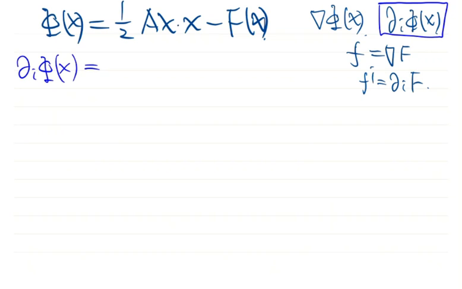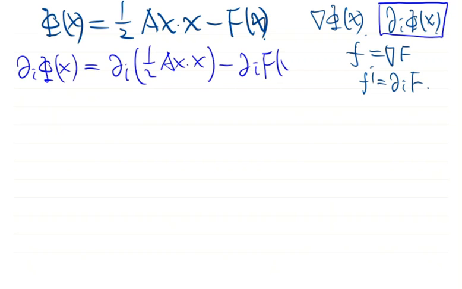So this is ∂_i of half of Ax·x minus ∂_i F(x).